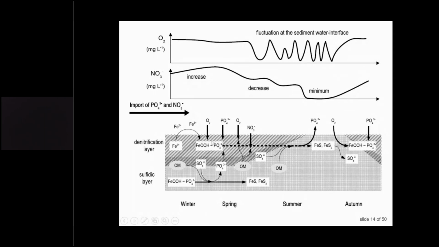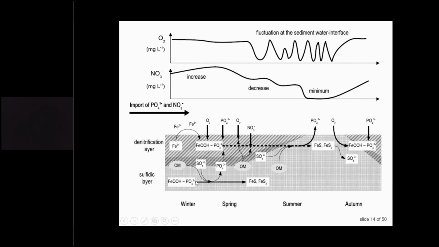In this case, we're assuming there's plenty of iron in the sediments relative to the phosphate. Now, as we lose our oxygen, the nitrate hangs in there and keeps this surface layer active. And then once we lose our oxygen and our nitrate, we get this reduction of the iron oxides to Fe2.